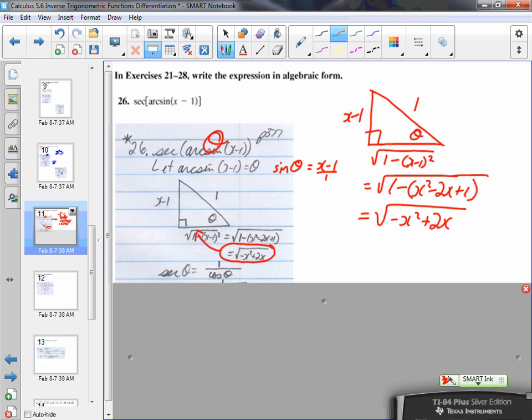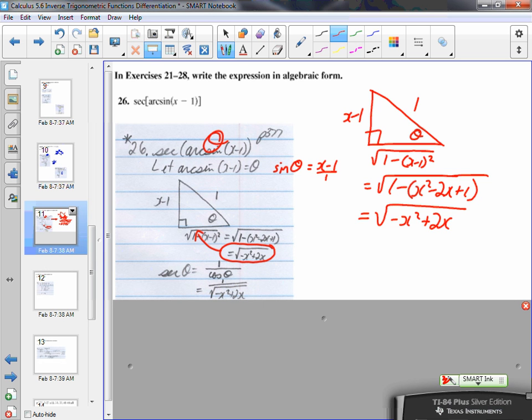So that's 1 over, now the cosine of theta. Cosine's adjacent over hypotenuse. So adjacent is the square root of negative x squared plus 2x over hypotenuse, which is 1. So I've just got 1 over the square root of negative x squared plus 2x.